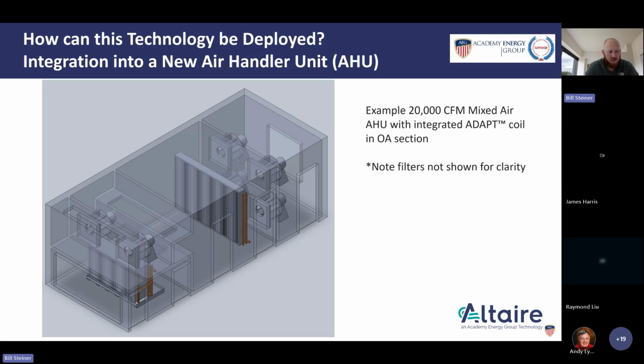You can see in the model here, we've got a mixed air unit with our return air on top, our outside air on the bottom, and in our outside air plenum, we have the adapt coil built right into the air handler. This can come as you would order any other air handler with any other equipment, accessories, options, what have you, that you would order with any custom air handler, with the adapt technology built right into it.